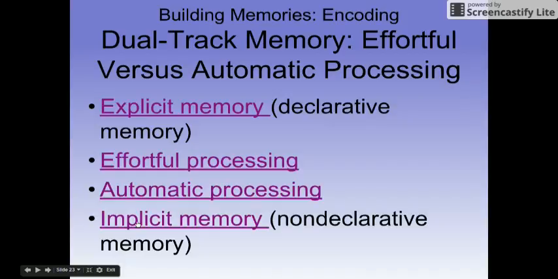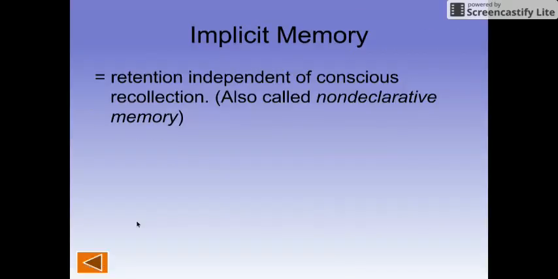Your implicit memory are your non-declarative memories. This is retention independent of conscious recollection. So these are memories that are formed and you don't even have to try to form them. So for example, what color the house is 3 doors down from you.